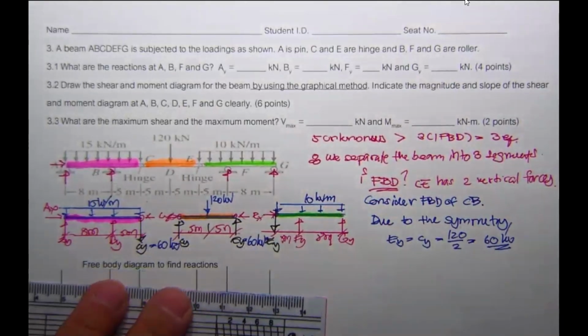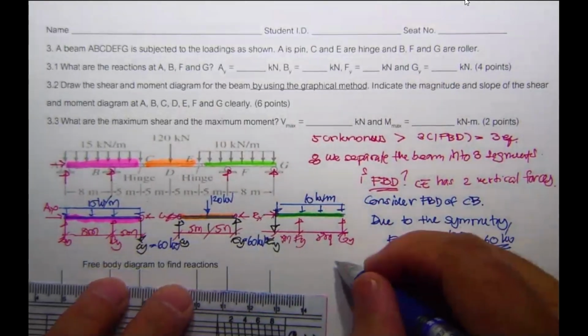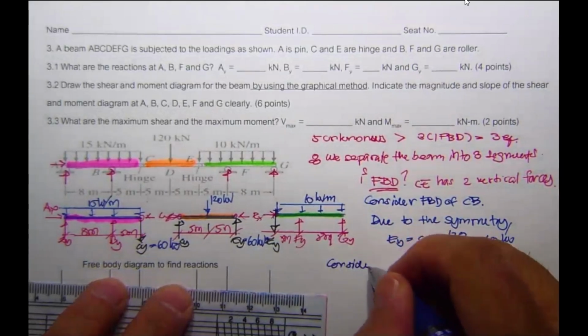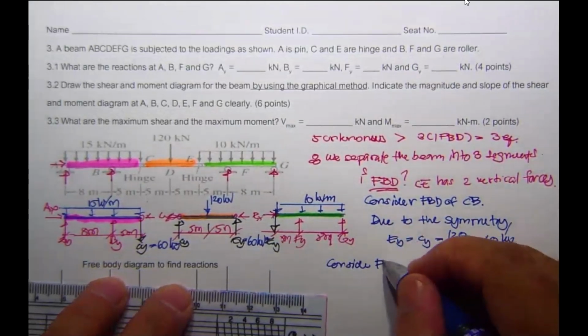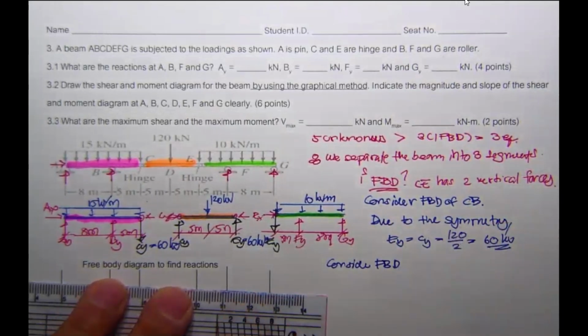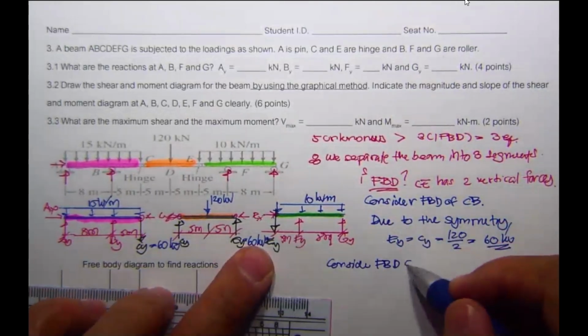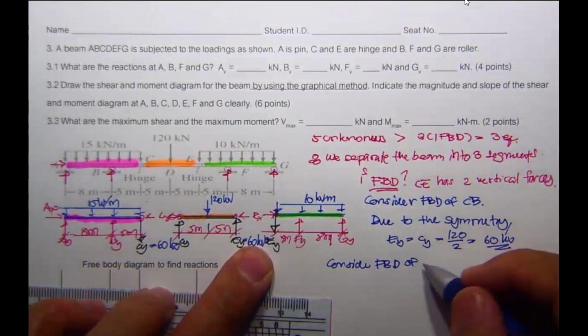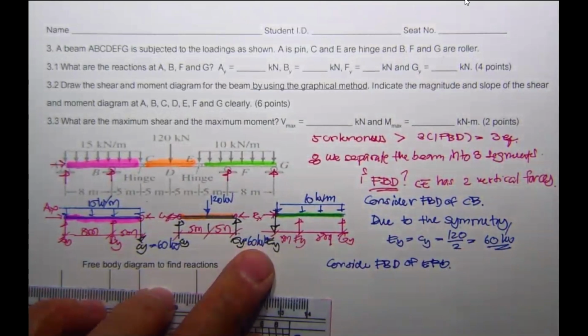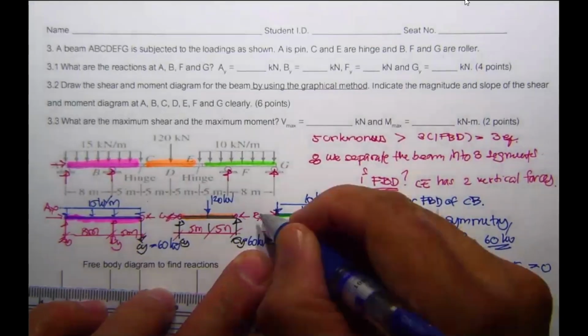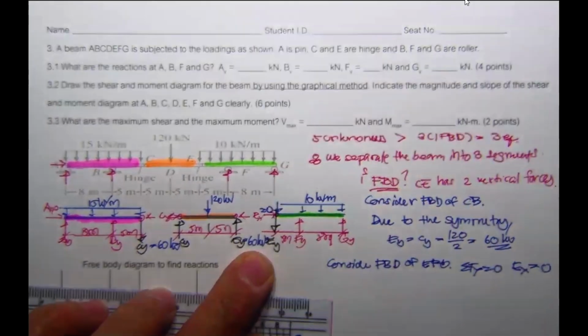Then we consider the free body diagram, for sure we should start with the green one, EFG. On EFG, if you do summation of F sub x equal to 0, you will have E sub x equal to 0.